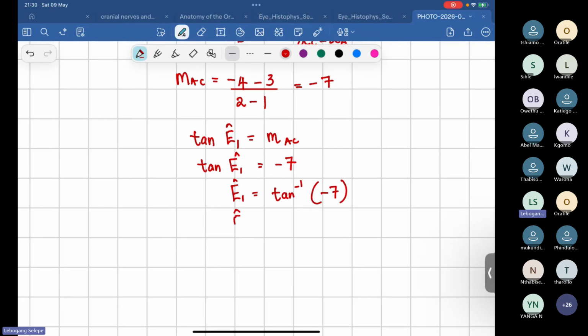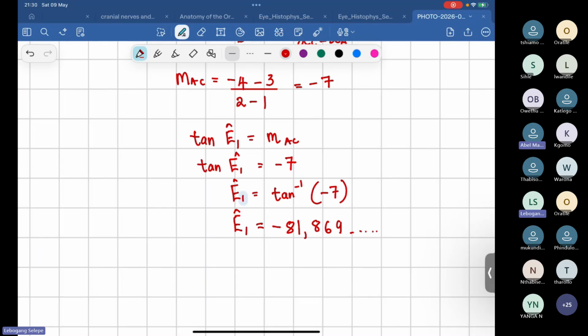Remember, I said you don't change anything, just substitute as is. What do you get when you say arctan negative 7? We get negative 81.87, 869 something something.